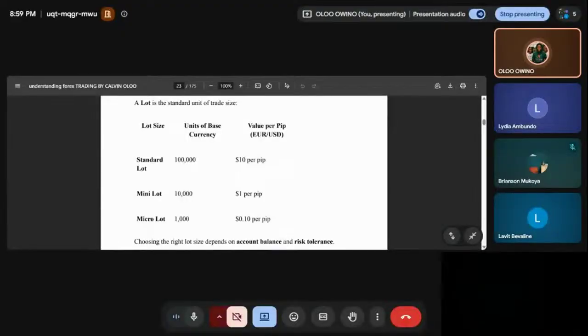Yes. A standard lot is one. That's a normal number. A mini lot is 0.1. A micro lot is 0.01. Then a nano lot is 0.001. There are pairs in the synthetics that use 0.001. There's a certain volatility pair, I can't remember which.